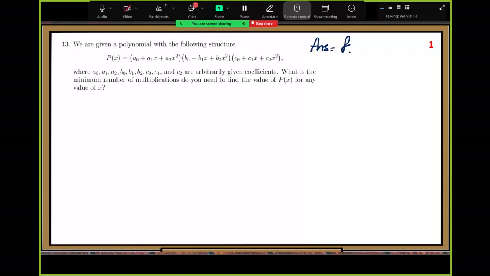The first common problem you should avoid, and this is a big problem: do not expand the polynomial.